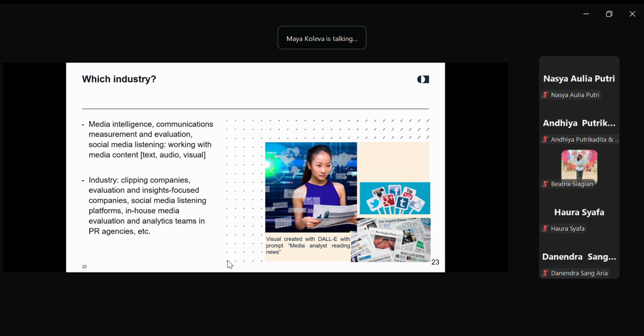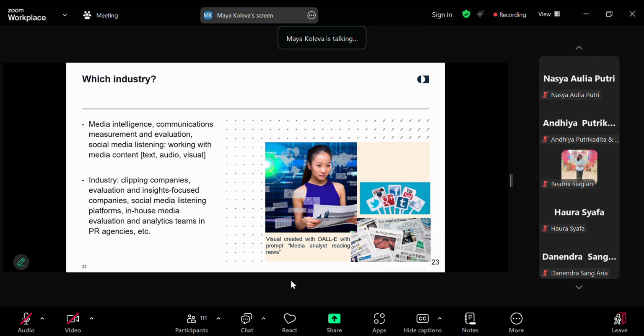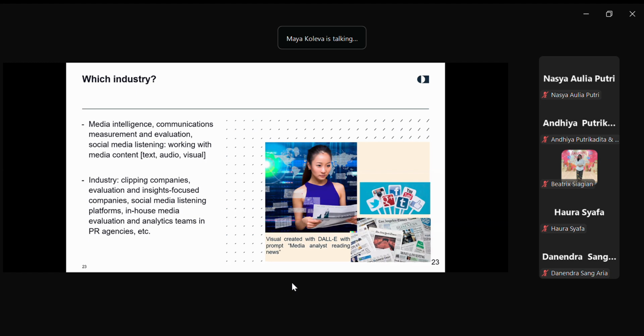So this industry, media intelligence, communications measurement and evaluation, social media listening, these are all different names of that industry. What we do is we are working with media content, mostly text, but of course also audio and visual. Our industry includes multiple different types of companies.